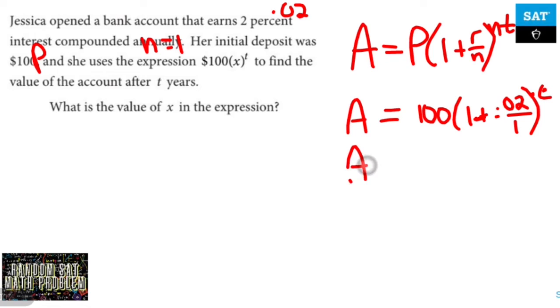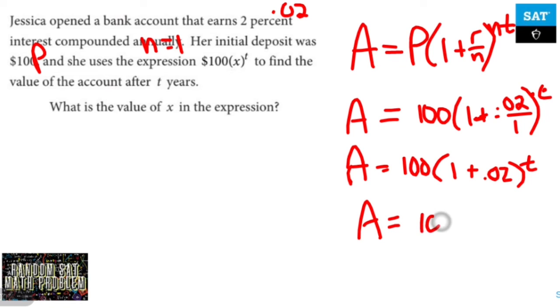So that becomes A equals 100 times 1 plus 0.02 divided by 1, which is 0.02, to the t, and that becomes 100 times 1.02 to the t.